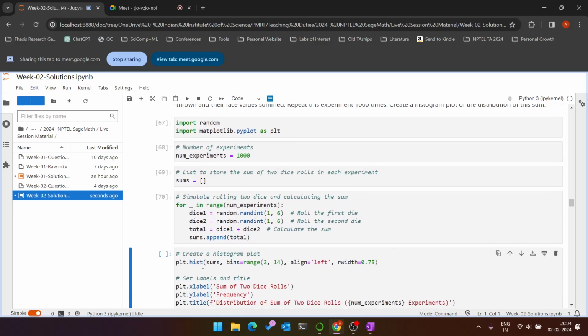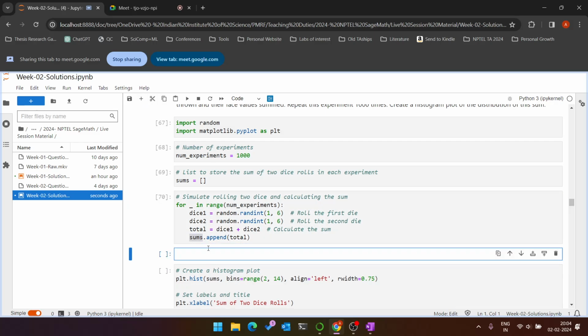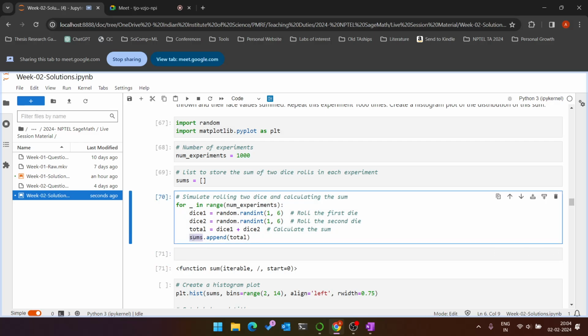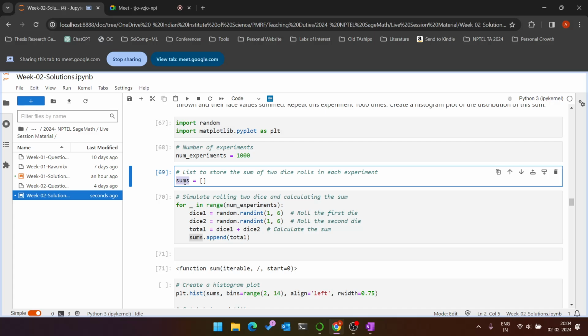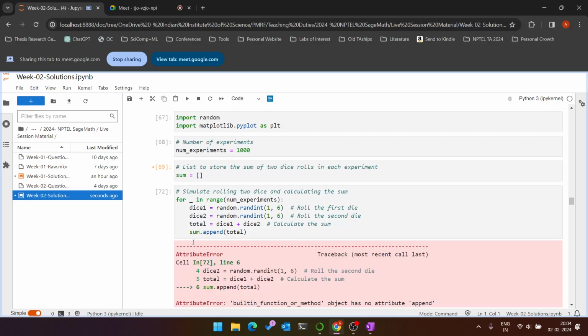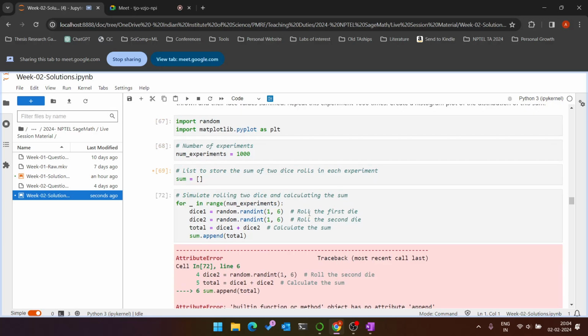It's important to be careful here to not write sum itself because sum is an inbuilt function in Python. So you can see that sum is an inbuilt function in Python. If say by mistake you were to write sum here and sum here, then now your sum will throw some error.